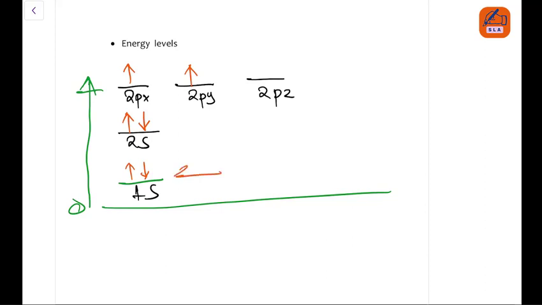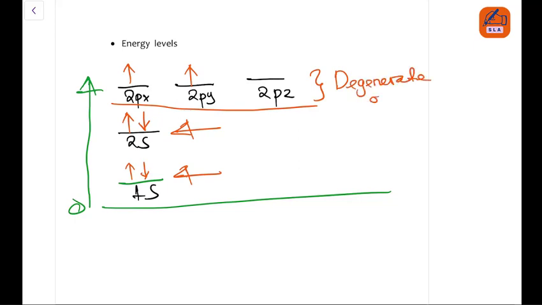The 1s orbital has the lowest energy, the 2s orbital has higher energy compared to 1s, and also has lower energy compared to p orbitals. These 3 p orbitals have an equal amount of energy, and their name is degenerate orbitals.